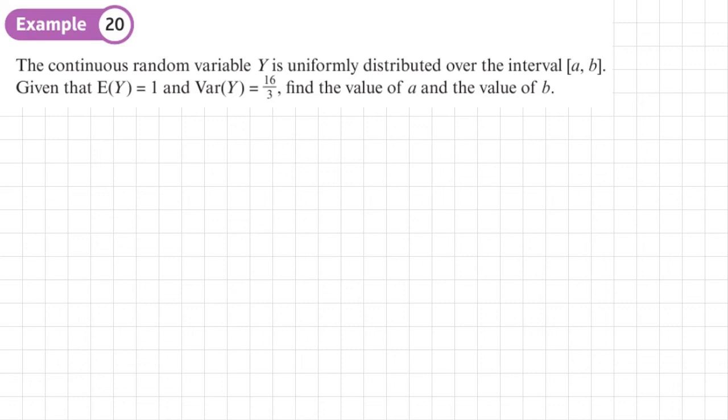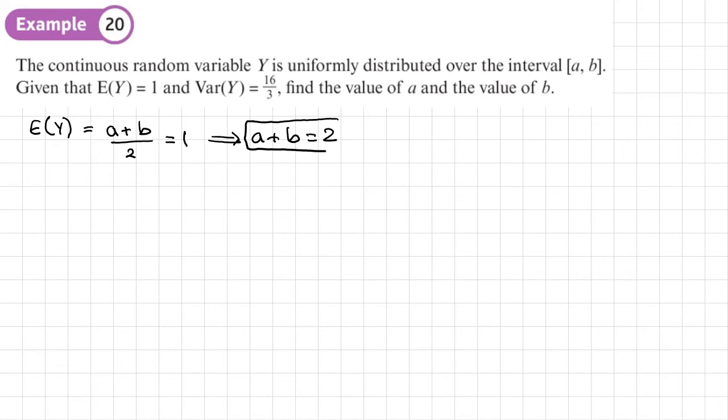E of y, the way that we find that is by doing a plus b over 2. So that's equal to 1. So we could say that a plus b equals 2. So there's one equation. We'll do the same for the variance, var y.